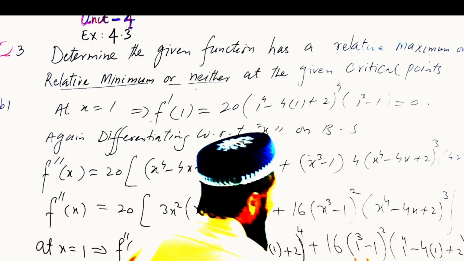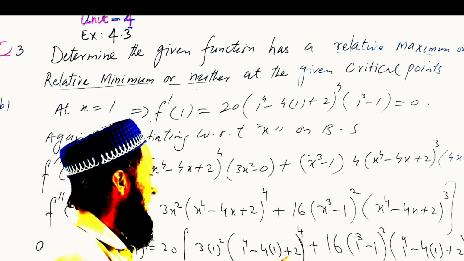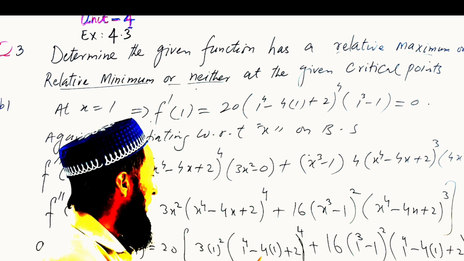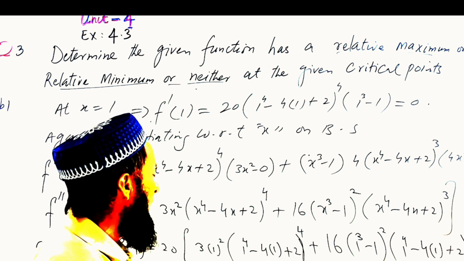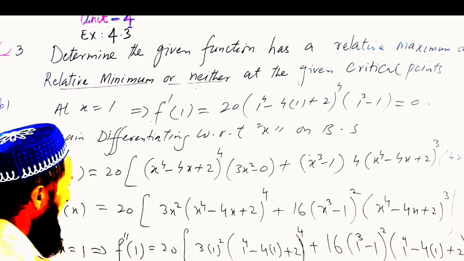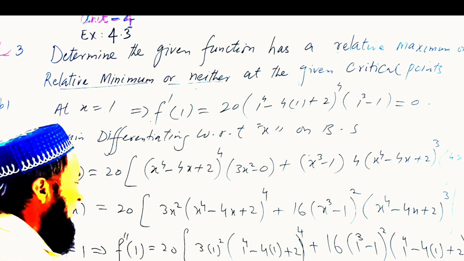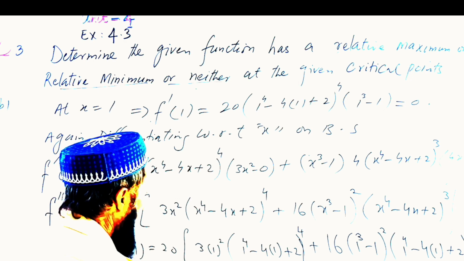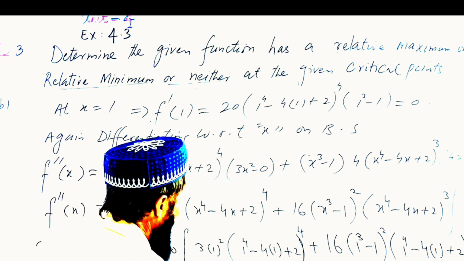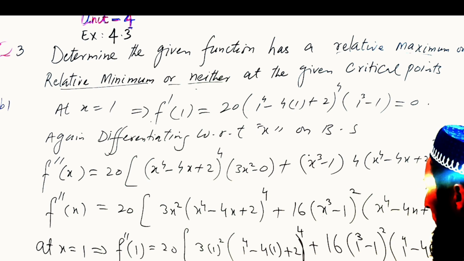Now 1 minus 1 is completely zero, so this term vanishes, and here 1 plus 2 is 3, minus 4, we get minus 1. 20 times 3 into minus 1 power 4, we get positive 1, and we get 60, which is greater than 0. So the function is relative minimum.